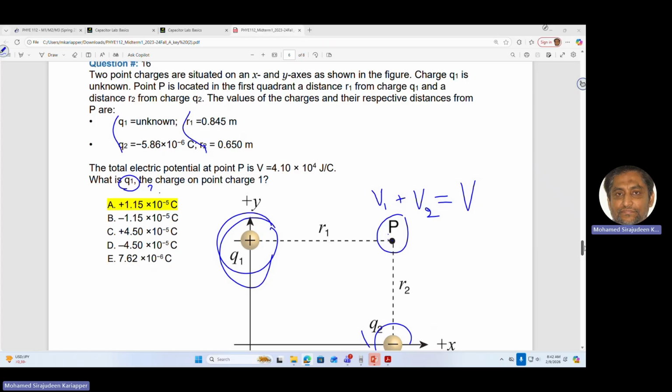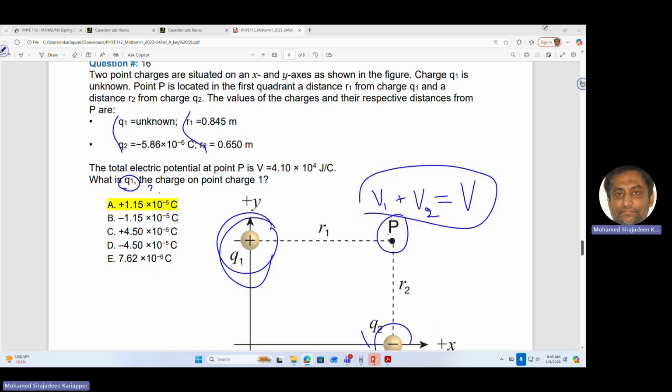That means the net potential at point P is the potential coming from Q1, V1, plus the potential coming from Q2, V2. If you look for this equation in the formula sheet, you will not find it. If you don't know the theory, you don't know where to start.